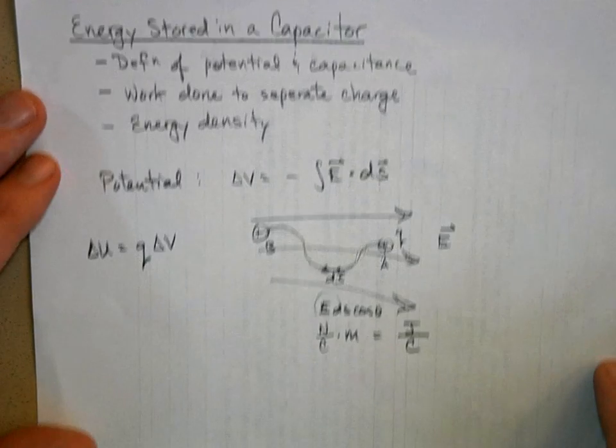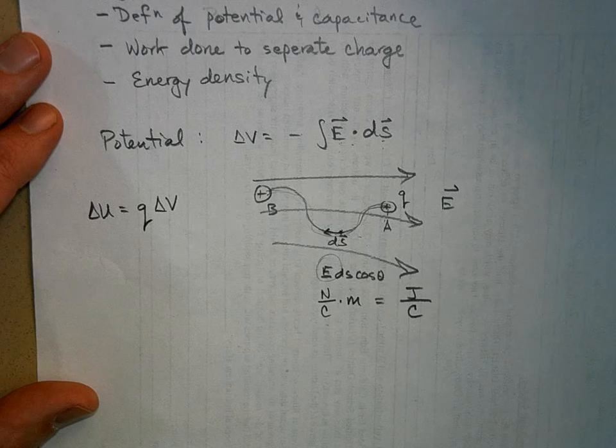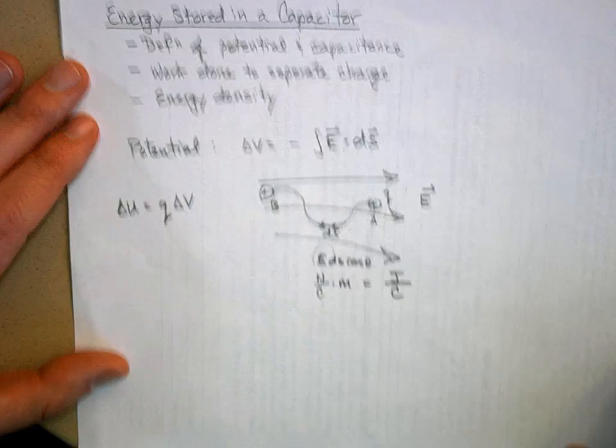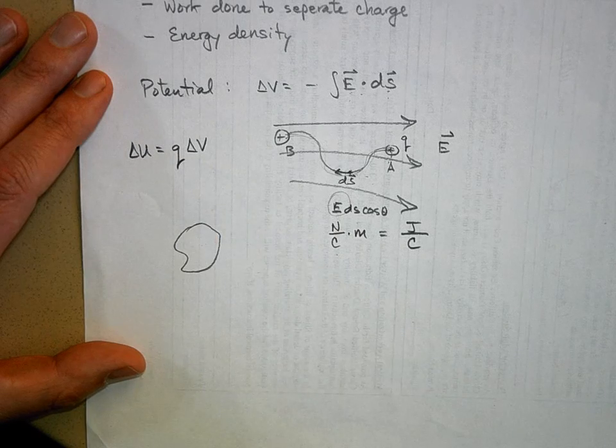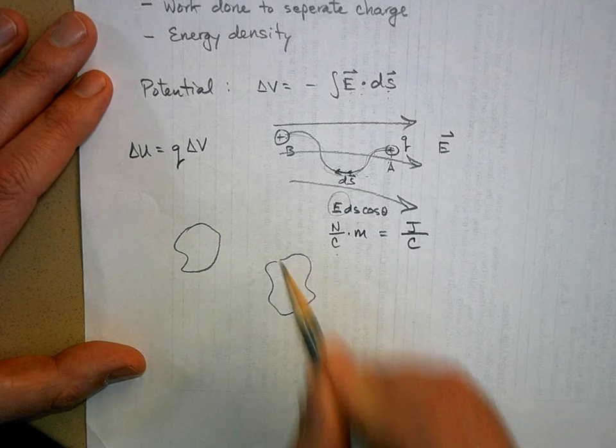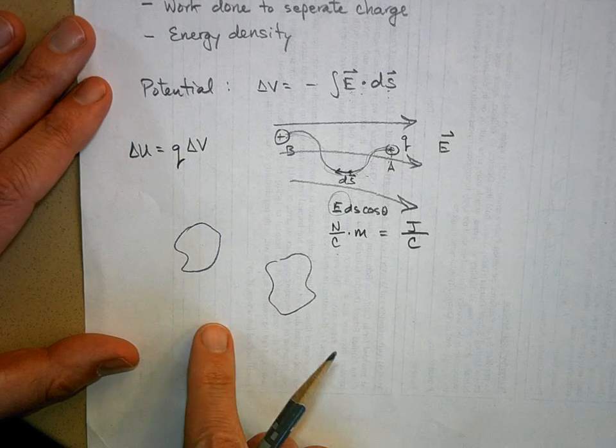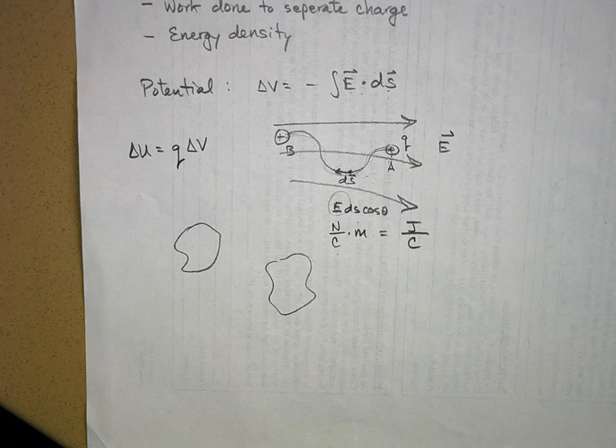Okay, well, remember what we do in a capacitor is basically I have a blob of metal over here and a blob of metal over here. Okay, this is not any kind of practical capacitor. This is the capacitor in the most general sense.